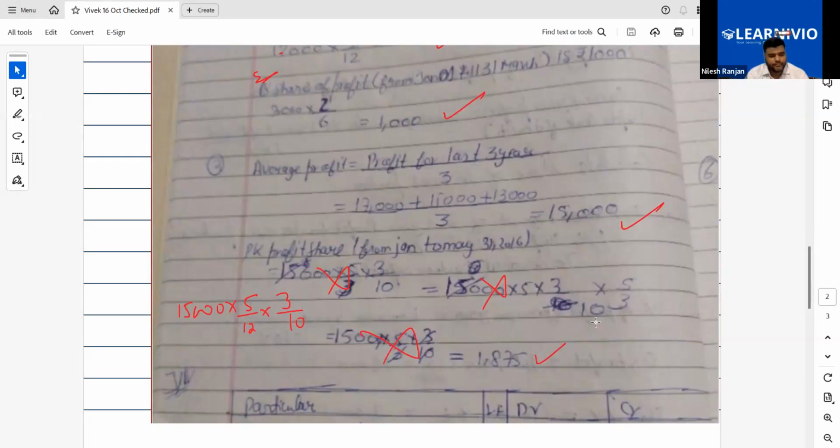Just a minute. 15,000 multiplied by 5, divided by 3, then multiplied by 3 divided by 10.